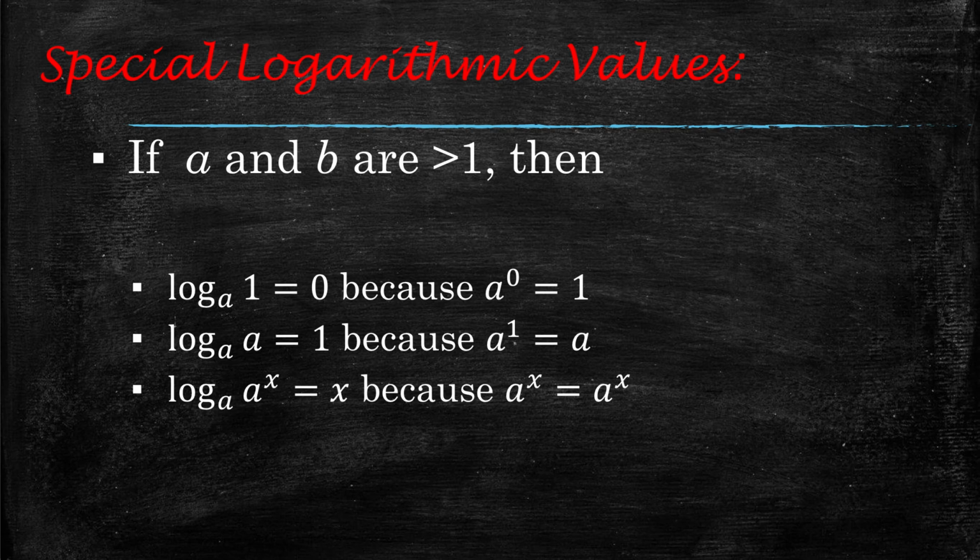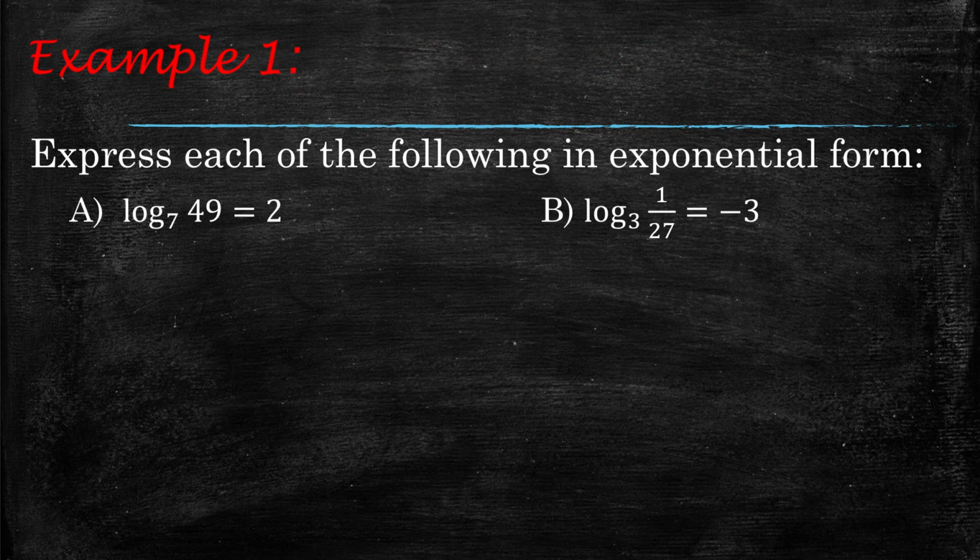Log base a of a, if these match, is just 1, because a to the first power is equal to a. And log base a of a to the x is equal to x, because if we convert this to an exponent, we would have a to the x equal to a to the x.